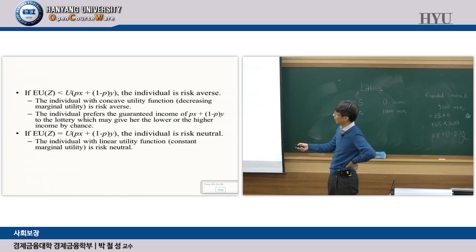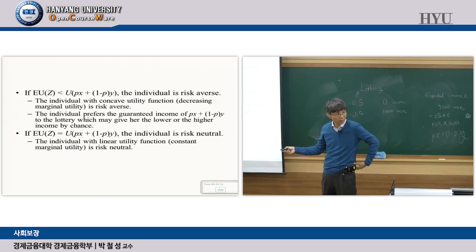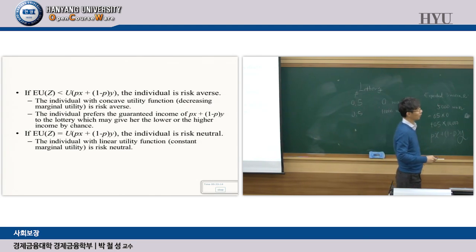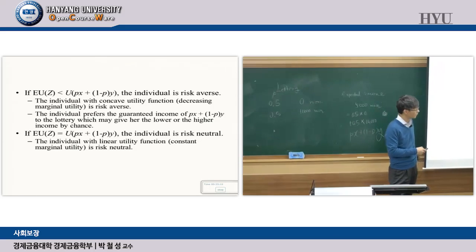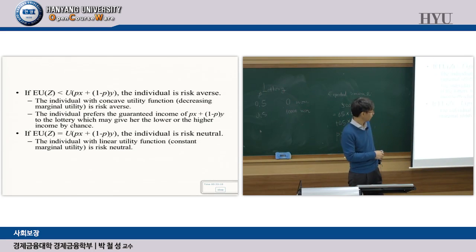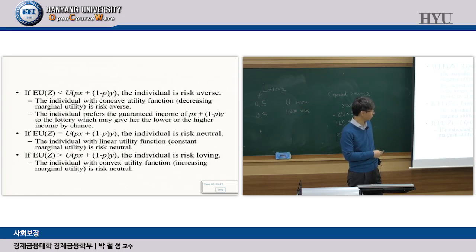And then if I'm indifferent, lottery or the sure thing, I don't care, they're the same, then risk neutral. The last one: we had quite a few who said they want the lottery, not the sure thing. Then this individual is risk loving.